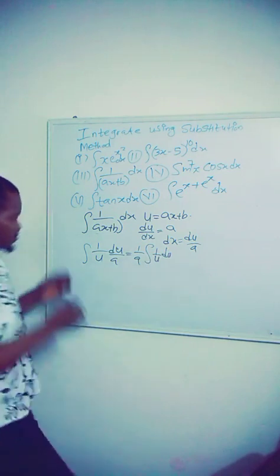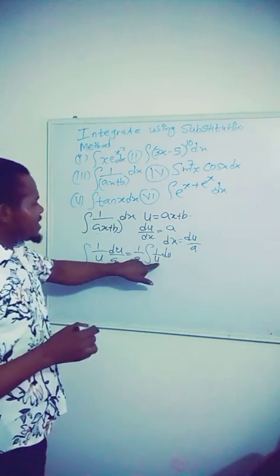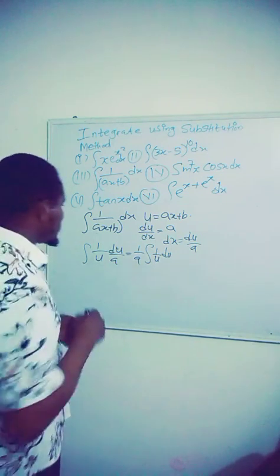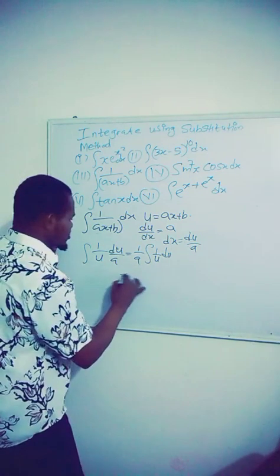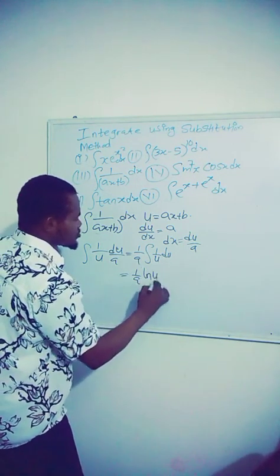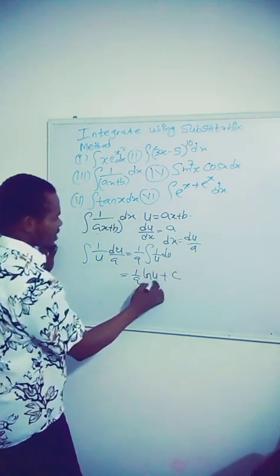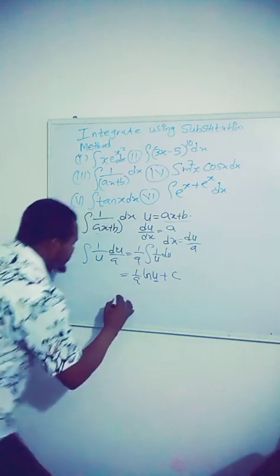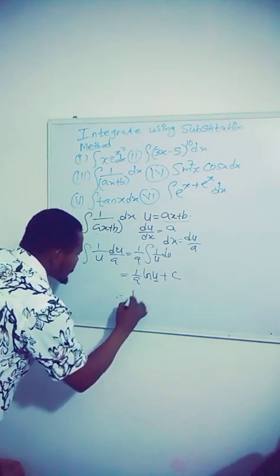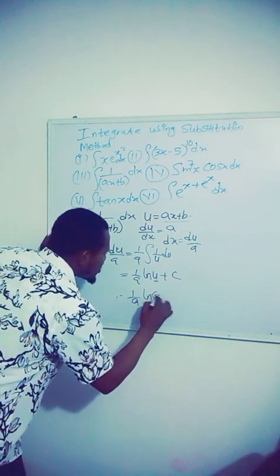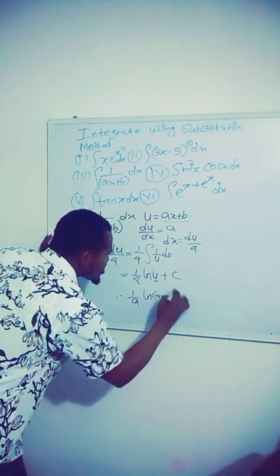When you integrate 1 over a variable, it is ln. So that becomes 1 over a ln u plus c. And don't forget our u is what? ax plus b. Therefore, the answer will be 1 over a ln of (ax plus b), then plus c.